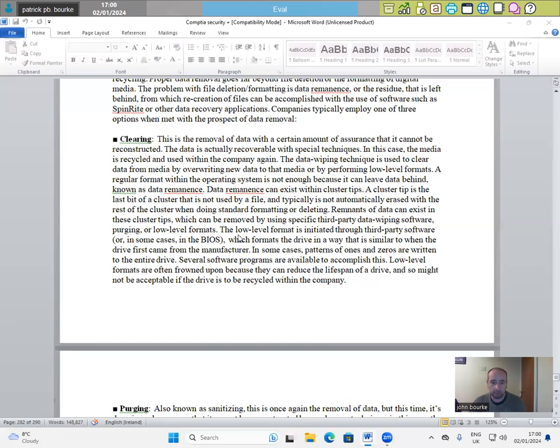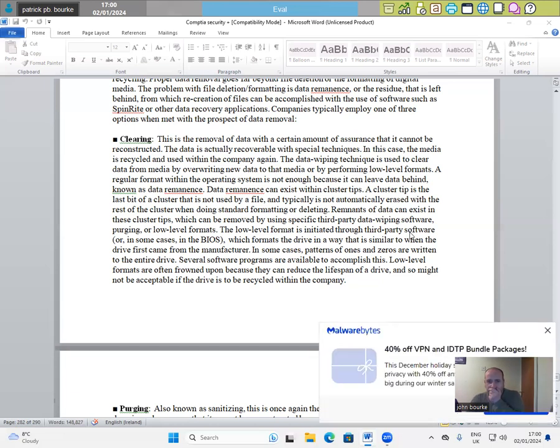Purging or low-level formats. The low-level format is initiated through third-party software, or in some cases in the BIOS, which formats the drive in a way that is similar to when the drive first came from the manufacturer.